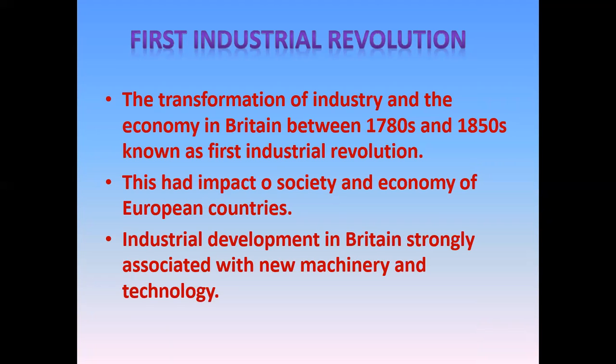So basically, the transformation of industry and the economy between the 1780s and 1850 is known as the first industrial revolution. This had an impact on the society and economy of the European countries, and industrial development is strongly associated with new machinery and technology.